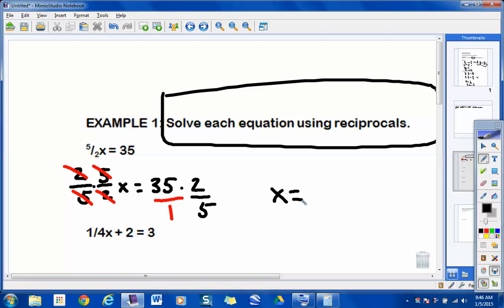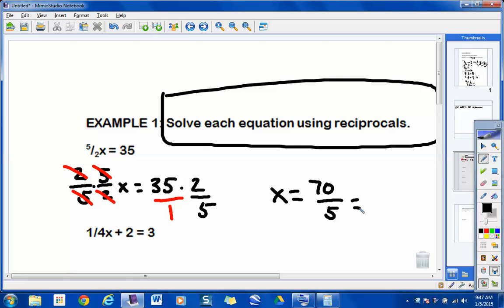What's 35 times 2? 70 over 5. So we take 70 and divide it by 5, and our solution is 14. X equals 14. So 5 halves times 14 would be 35. So 70 divided by 5 is my solution here.